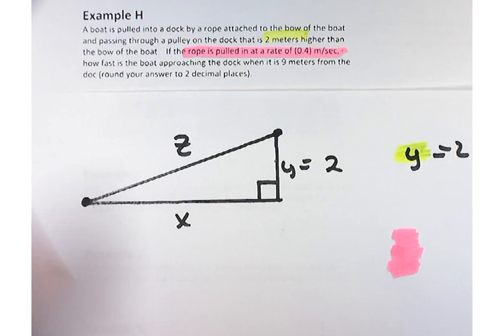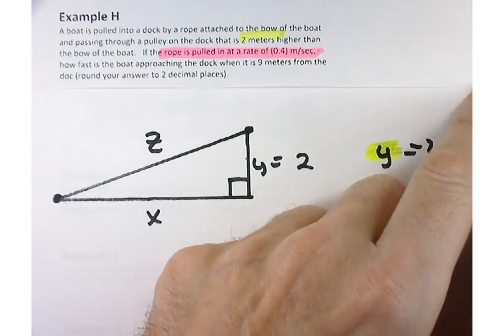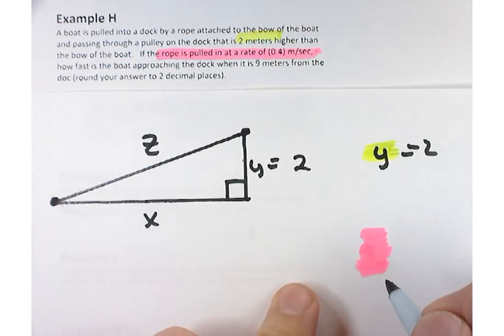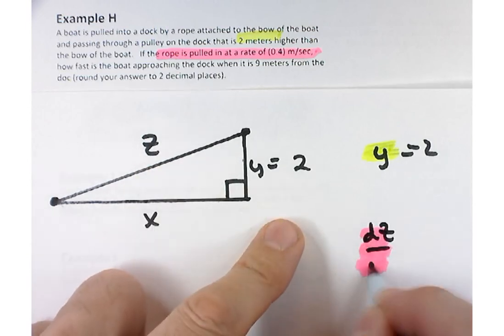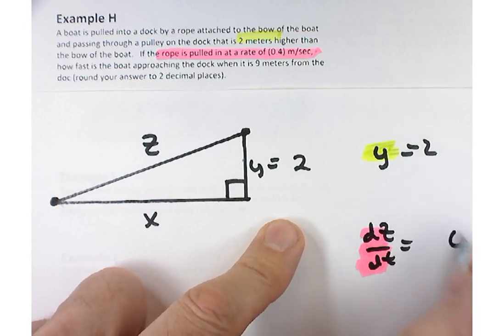How would I express that? What calculus terms am I going to use to represent that? dx over dt? Almost. dz by dt equals 0.4 meters per second.